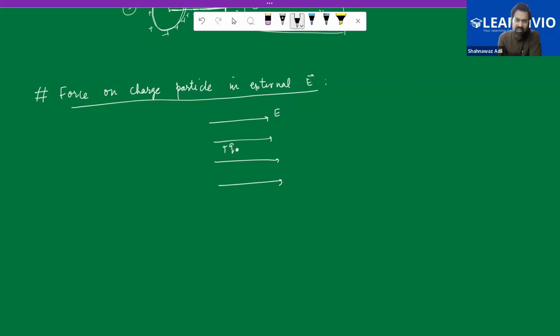This charge will experience a force due to this electric field, in this direction, and this force is simply QE. But if I put a negative charge, then the force would be in the opposite direction of the electric field, and that would be minus QE. So that is the force on a charged particle in an external electric field. This is a very simple idea, and we will be doing some questions using these ideas.